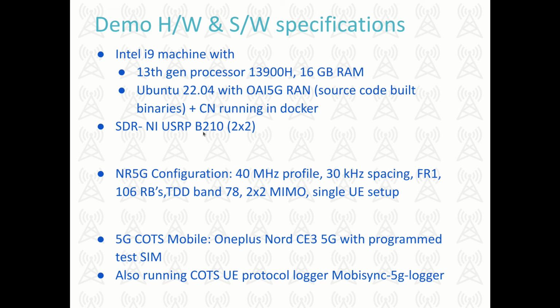I'll be using a USRP B210. This is the configuration for the demo: 40 MHz profile, 30 kHz spacing. This is typical N78, basically band 78, which is very popular even in India. Jio uses this very popular band. 106 RBs, 2x2, single UE setup.